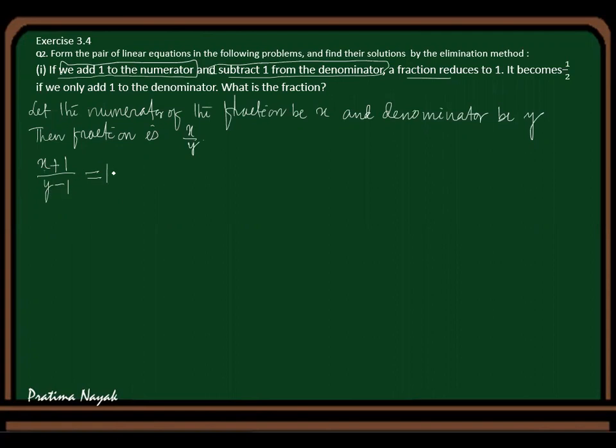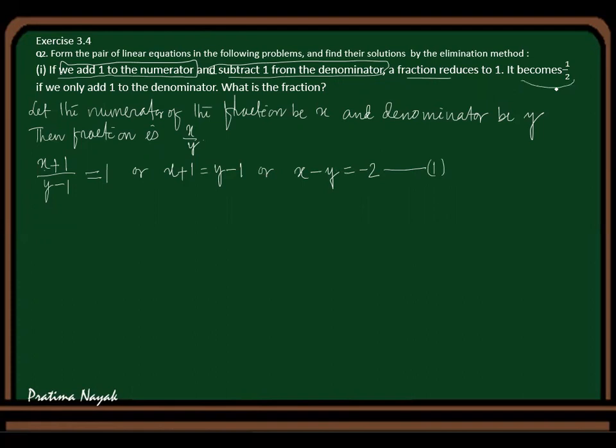This ratio becomes 1. Or I'll cross multiply, x plus 1 is equal to y minus 1. Or writing in standard form, it will be x minus y is equal to minus 2. This is equation 1.